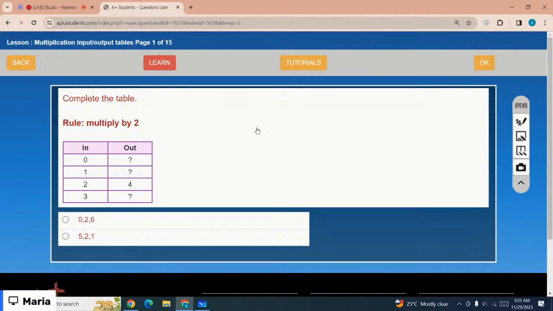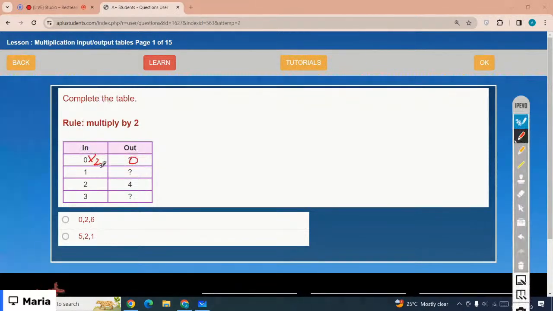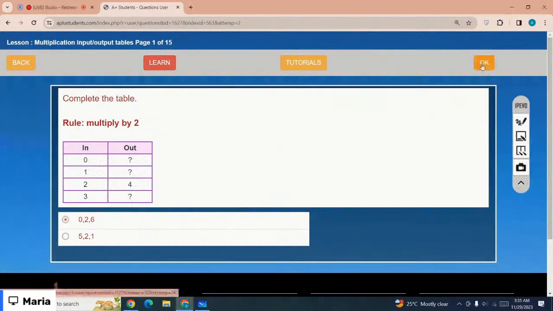Which is the correct option? You need to multiply each input value by 2 to calculate their output value, right? So let's just multiply them by 2. That is 0 times 2, 0. That is 1 times 2, 2. That is 2 times 2 is 4, right? Then 3 times 2, that is 6. They are 0, 2 and 6. The correct option is 0, 2 and 6.